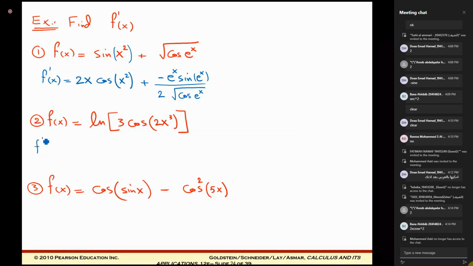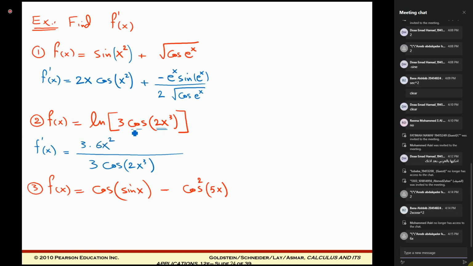The derivative of the second equals ln, a fraction. In denominator the same inside the ln, 2x to the power 3. In numerators, this is the derivative inside the ln, we have 3 multiplied by the derivative of the angle equal 6x square, multiplied by the derivative of cosine negative, put the negative in the first term, sine, and put the same angle.